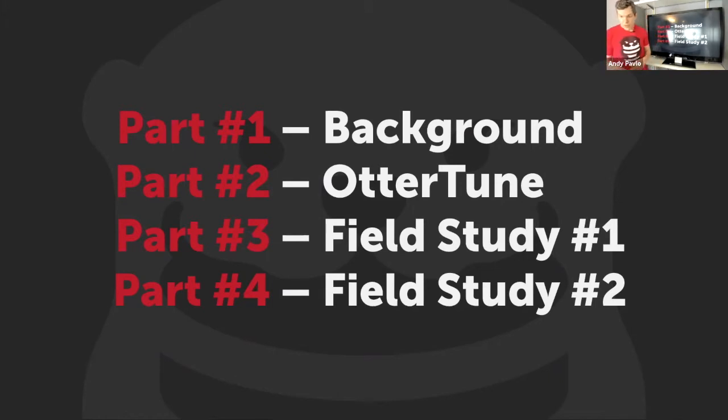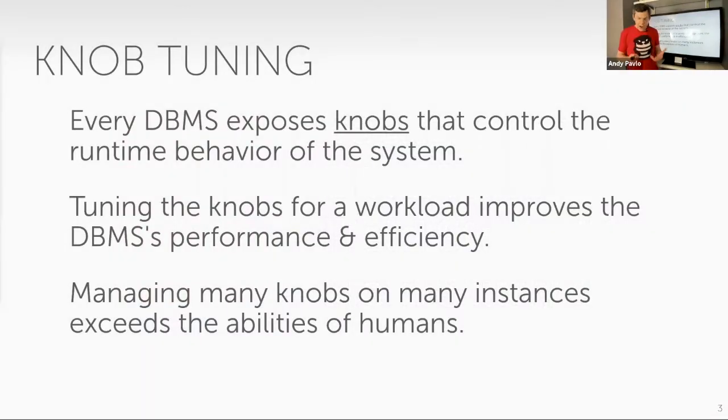Okay. All right. So knob tuning is an important problem in database systems because it can really affect the performance of a system. By database knob, I mean it's a runtime parameter that a database system exposes to you as a user that allows you to change the runtime behavior of the system.